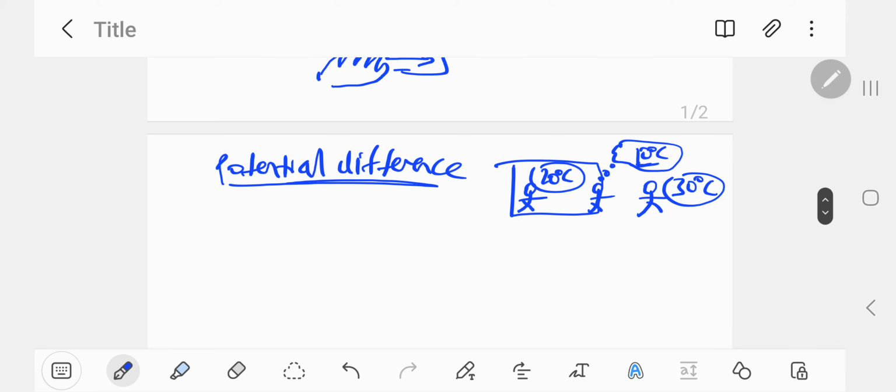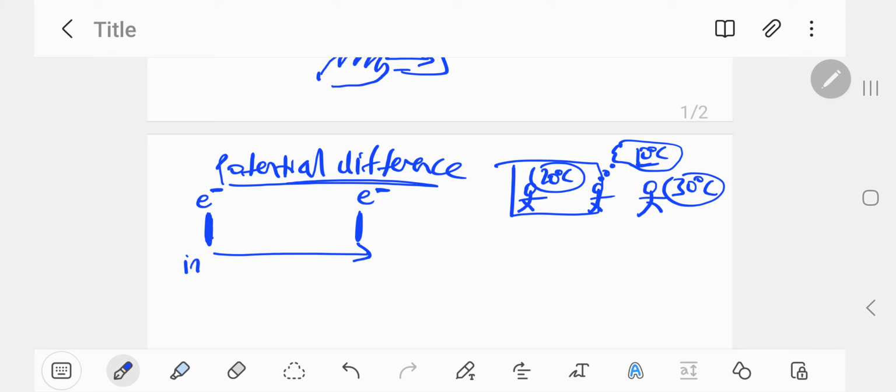But I haven't defined the reference point. Let's do an example and use an electrical analogy. Suppose I have an electron sitting here initially, then it moves some time later, let's say 5 seconds later, to another position here.